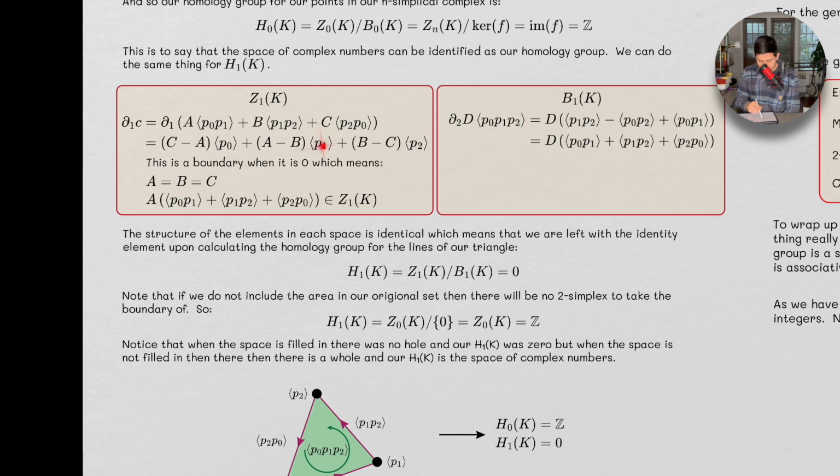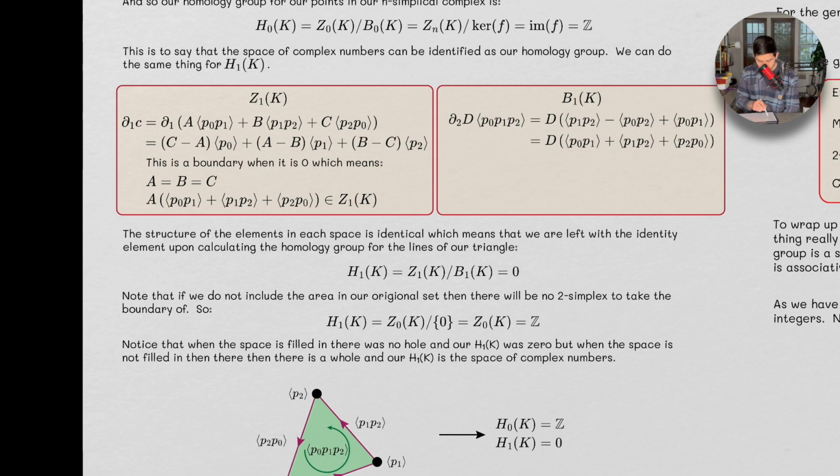Again, that takes into account the directionality, these minus signs, or the orientation, whatever you want to call it. We get this. This is the boundary when it is 0, which means this. So when this object is 0, we can conclude this.